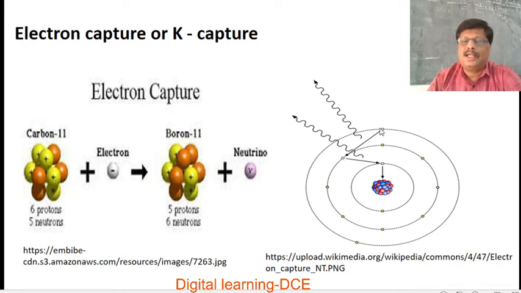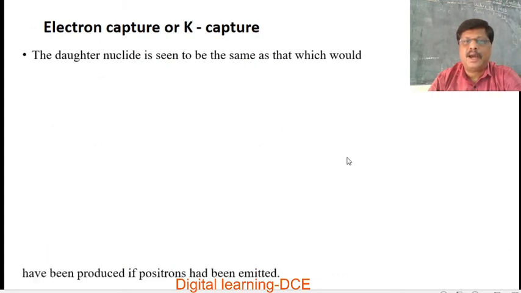Then an electron in a higher energy orbit comes to the lower energy orbit, filling this vacancy, and another X-ray is produced. The difference in energy comes out as electromagnetic radiation in the form of characteristic X-rays in the orbital electron capture or K capture.